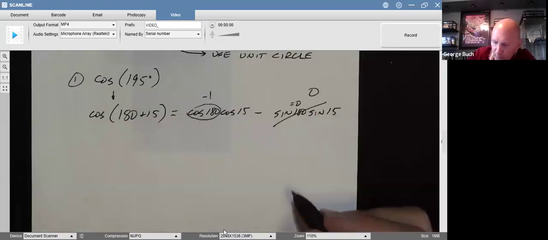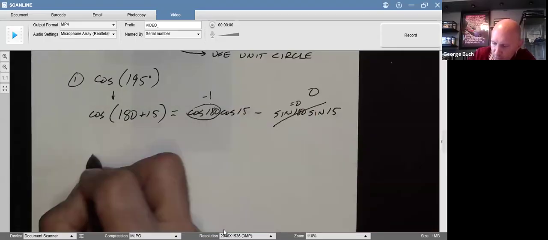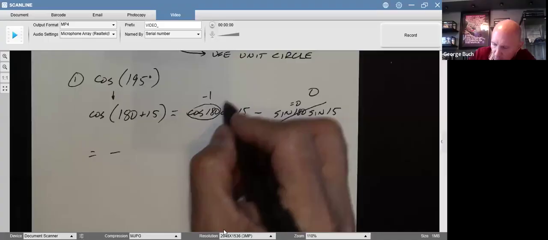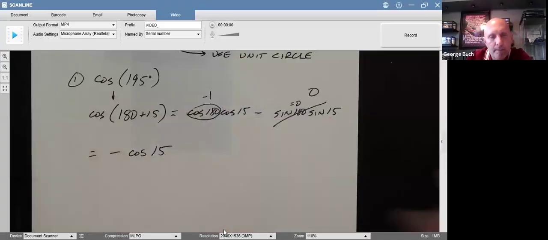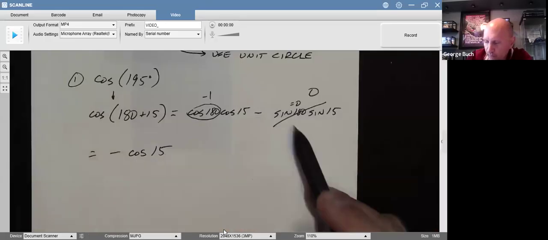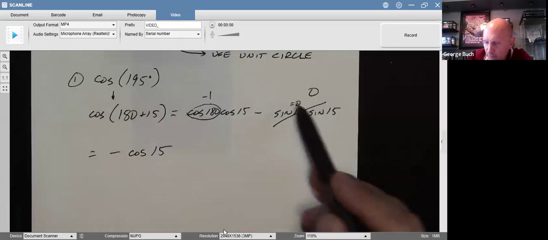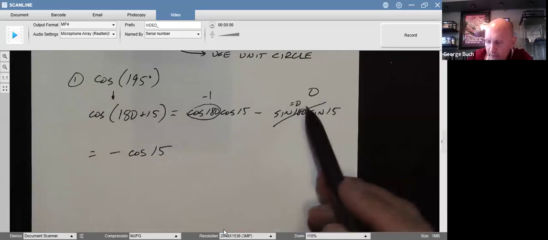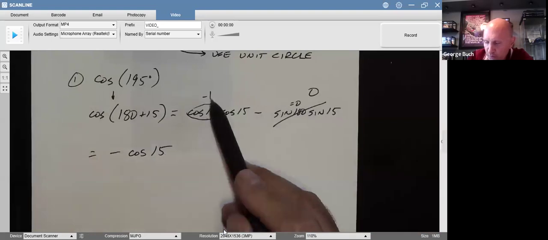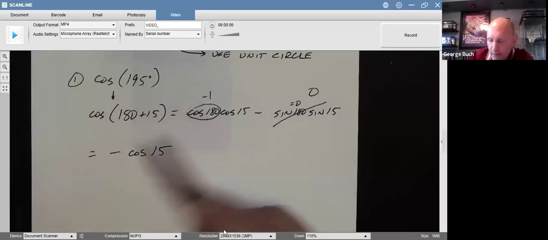So this whole problem really changes into negative cosine of 15 degrees. So again, this one, the whole thing cancels out because sine of 180 is 0. And then cosine of 180 is -1. So I just bring the negative in front and I have just cosine 15 left over.